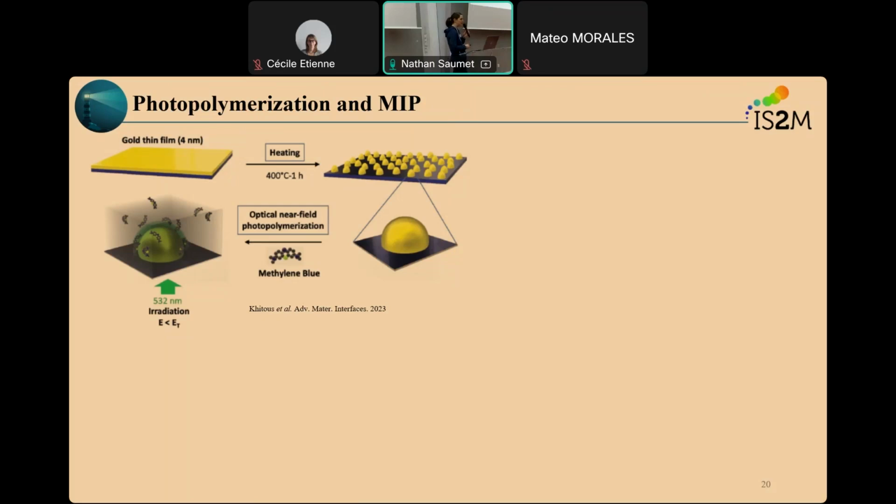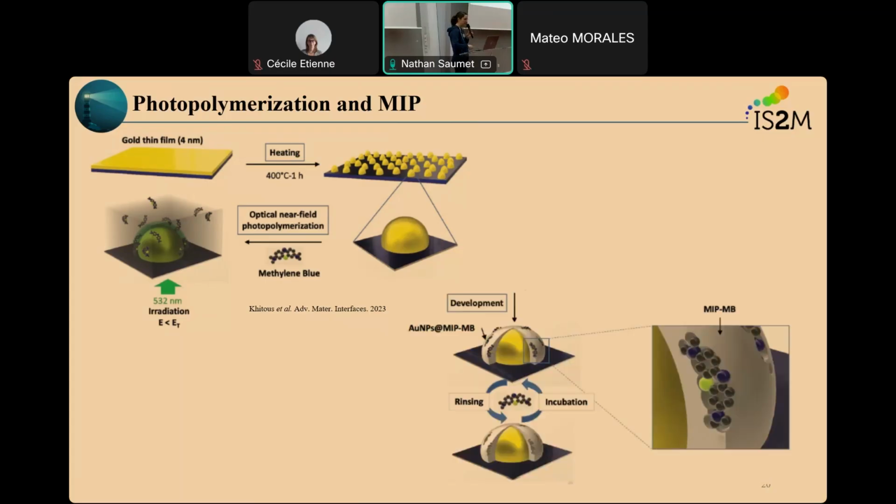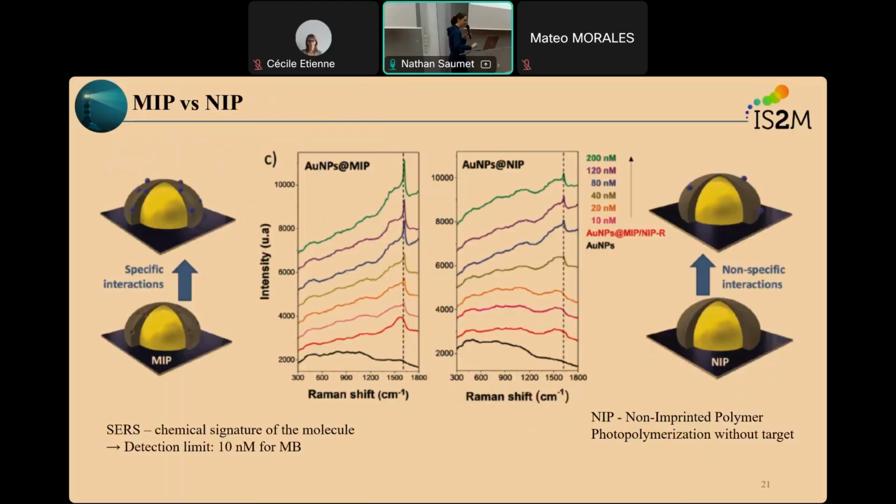We perform photopolymerization with a formulation with molecularly imprinted polymers. So we have the nanoparticles, the film around here, and the target here, which was methylene blue. When we rinse these samples, we remove the target, the methylene blue, and we can incubate it to check if we can detect methylene blue.